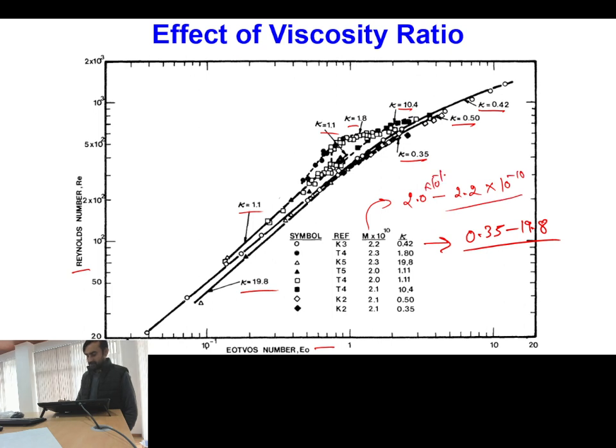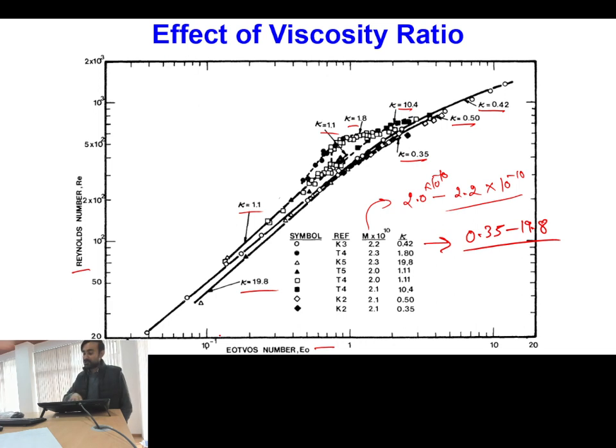So for a very controlled range of Morton number, the properties are not changing much, but only viscosity is changing. Here you can see the velocity data.